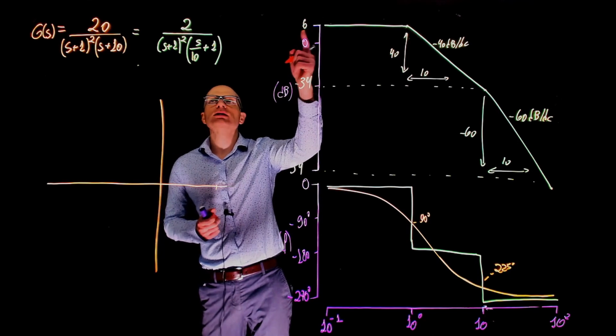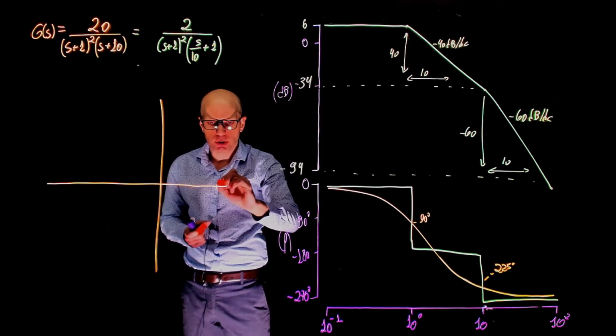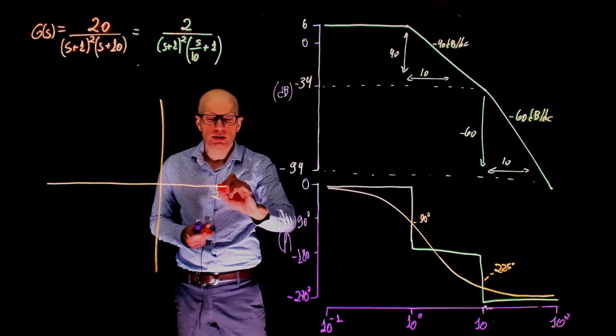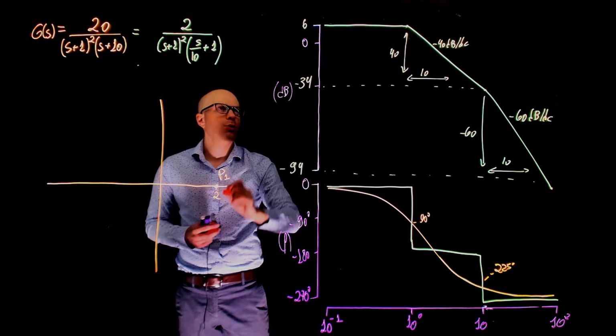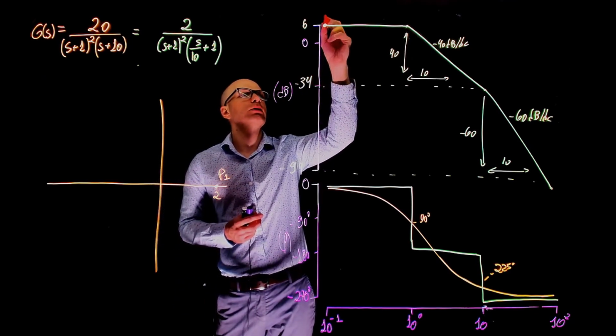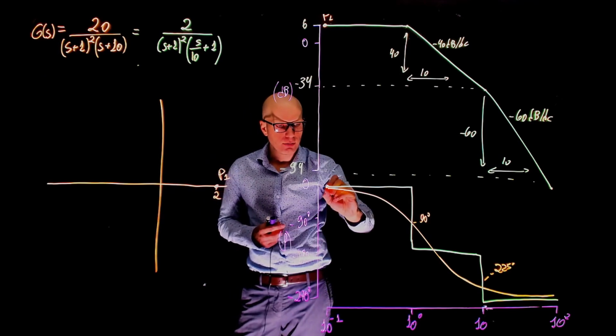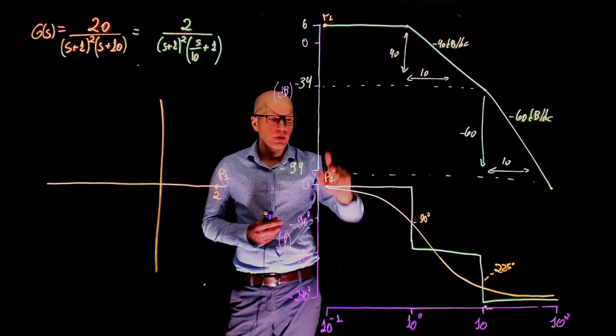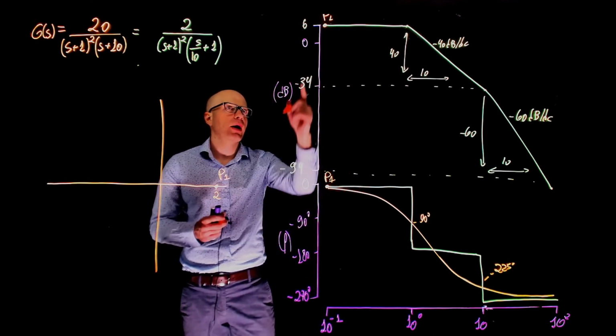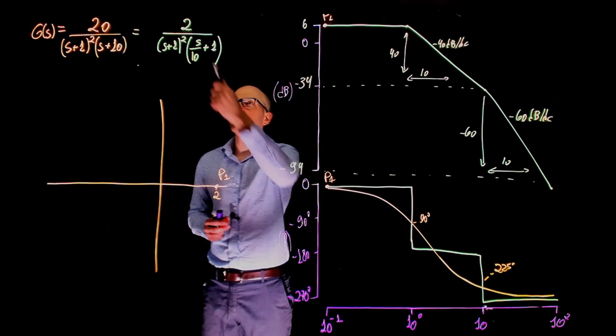How did you get 6? That was 20 log of 2. So this point here is 2. And this is point P1, here and here: a phase of 0 and a magnitude of 6 dB, or 2.